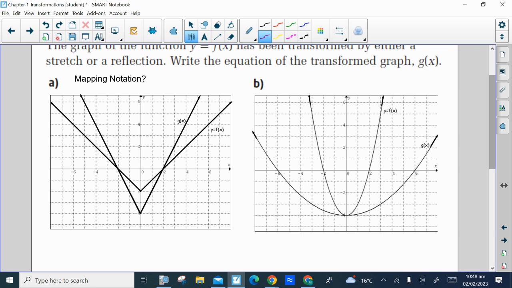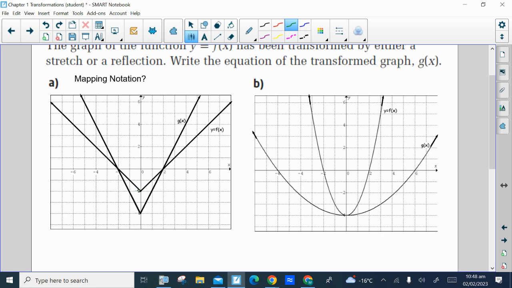In this case, the invariant points are the x-intercepts, which means it was stretched about the x-axis, which means it was a vertical stretch. Vertical stretches are stretched about the x-axis. And again, because the x-intercepts are invariant, that tells us that is the line that is being stretched about, the x-axis.